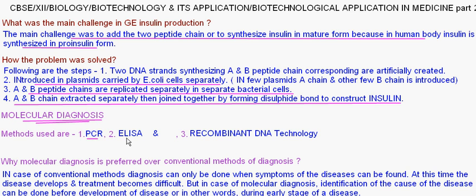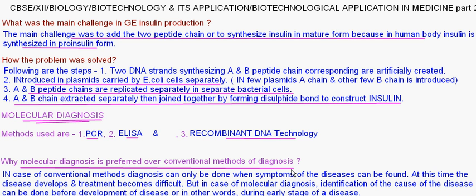First, one question: why is molecular diagnosis preferred over conventional methods of diagnosis? In case of conventional methods of diagnosis, identification of a disease is only possible once the symptoms of the disease are observed.